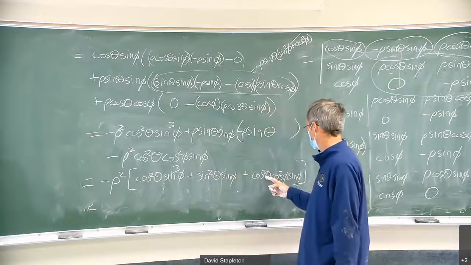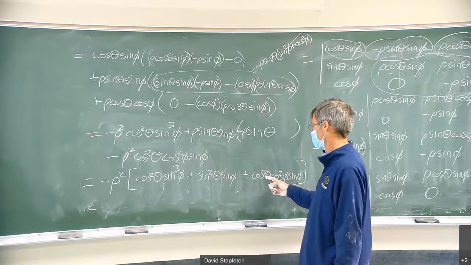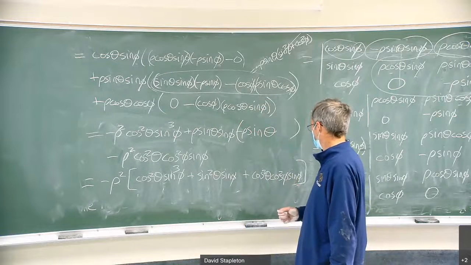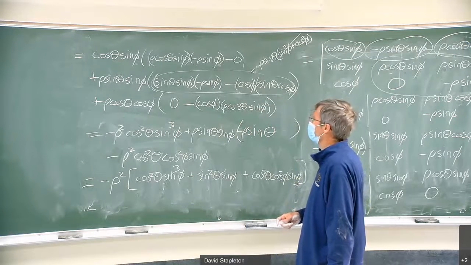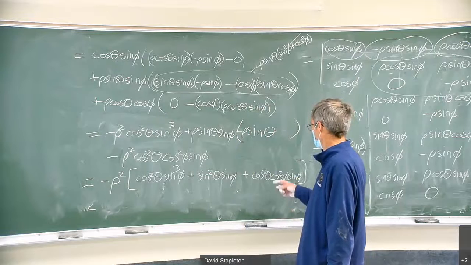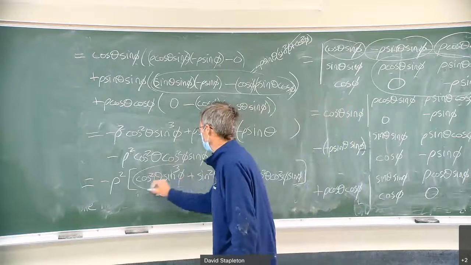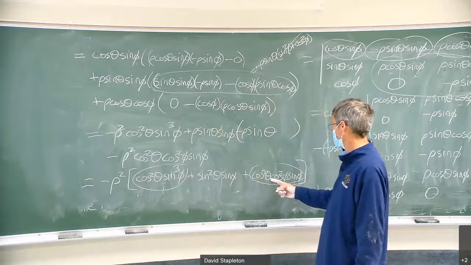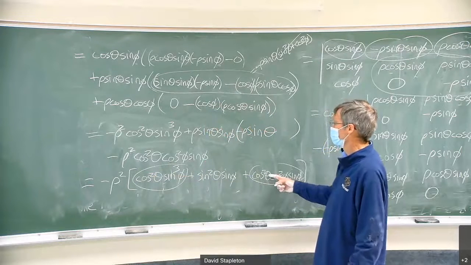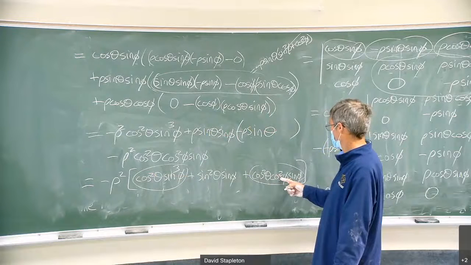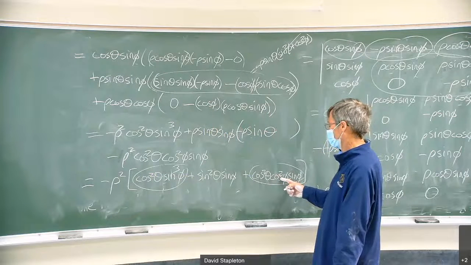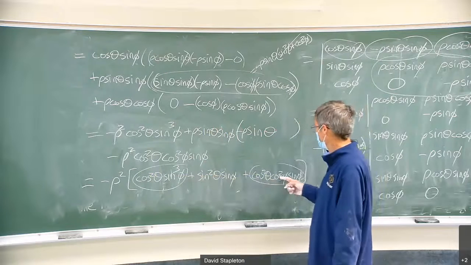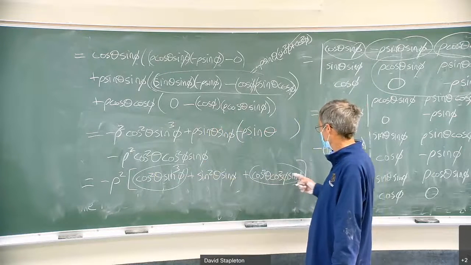Let's see, one of these. Okay, this one plus this one is cosine squared theta plus sine squared phi plus cosine squared phi times cosine squared sine phi.